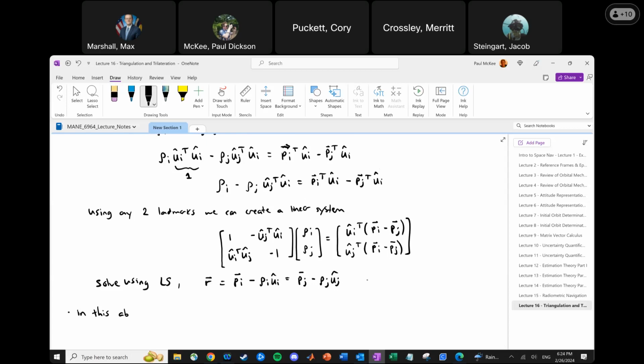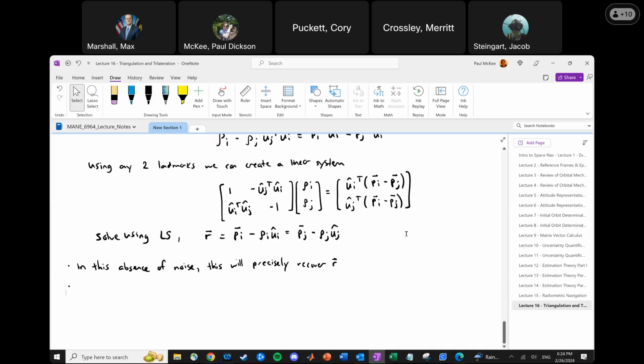In the absence of noise, this will precisely recover R. Problem is, navigation is not a geometry problem so much as it's an estimation problem. There's always noise, right? If we had absolute knowledge of anything in the entire problem, that would be great, but it's all estimates.